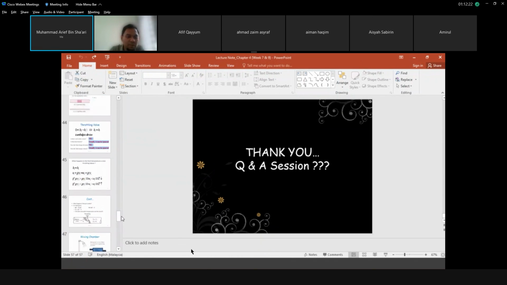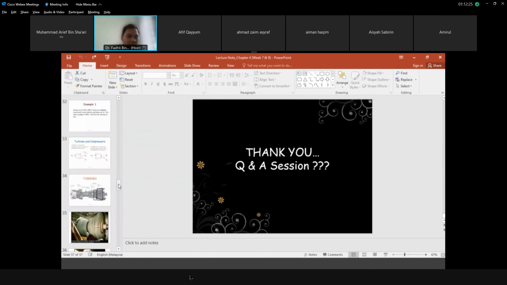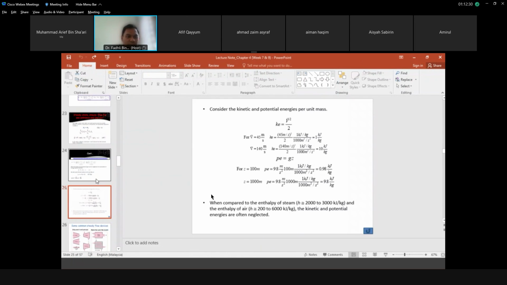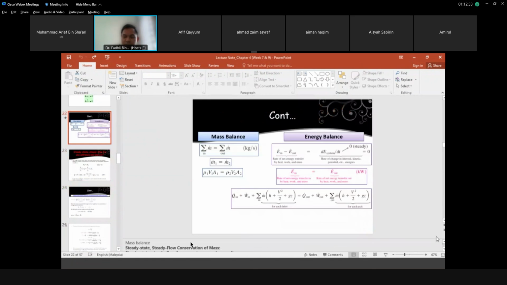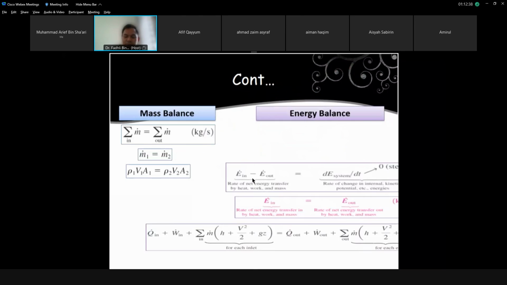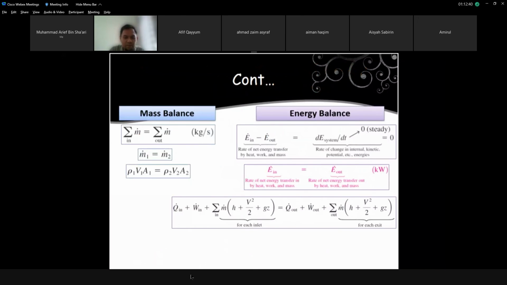Yang mana? Which one? Soalan slide yang mana? Energy balance equation ke? V ni ke? This V. This is velocity. V besar. This is velocity, bukan specific volume. This is enthalpy.